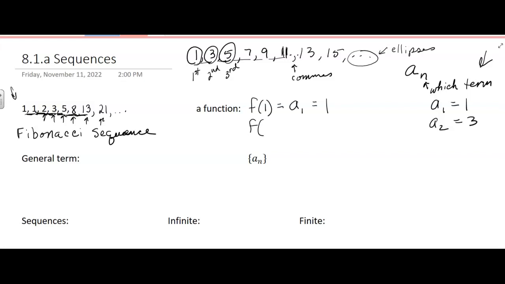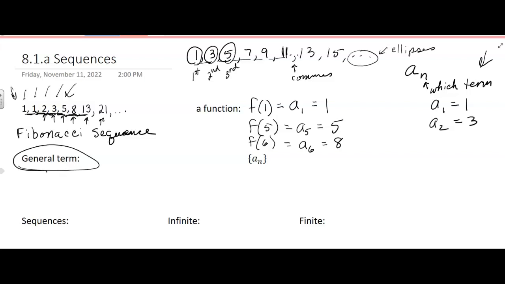Now if I said f of 5, skip ahead here, okay, then I'd have to count. Here's the first term, second term, third term, fourth term, fifth term. Okay, that's kind of a fluke. It turned out to be 5 again. So a sub 5 was 5. All right, what's the sixth term? Well, it's a sub 6, and that is 8, right? Okay, so that's what we're talking about.